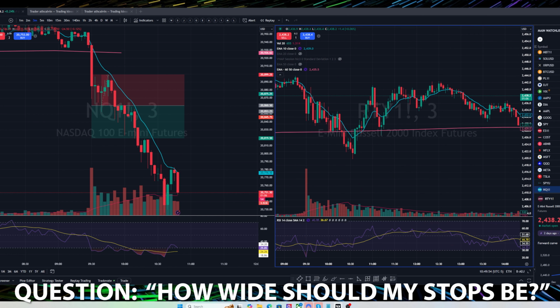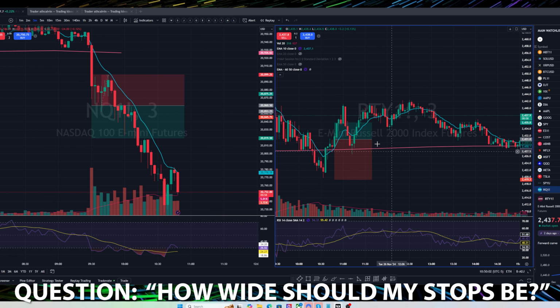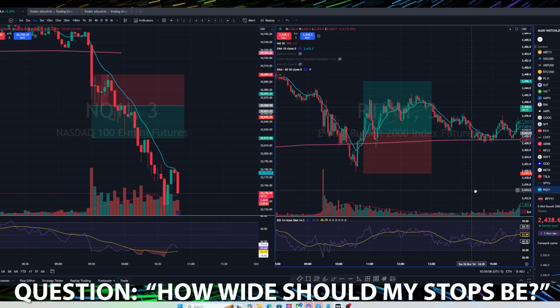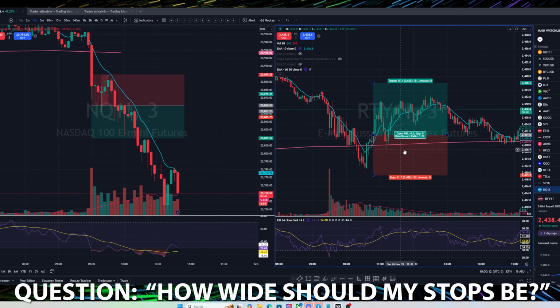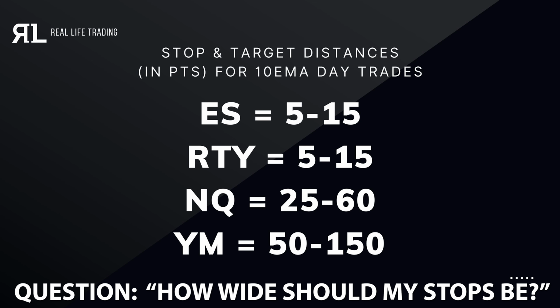So you'll see here, would have gotten in there. Stop could have been here, which is 6 points. Here, 10, or here, 11. Now in this one, we didn't quite get to where we needed to be. You probably would have gotten trailed out up here somewhere. Still would have been a win. But you'll notice that RTY is the same. I have it as the same range as ES, so it's really easy to remember.